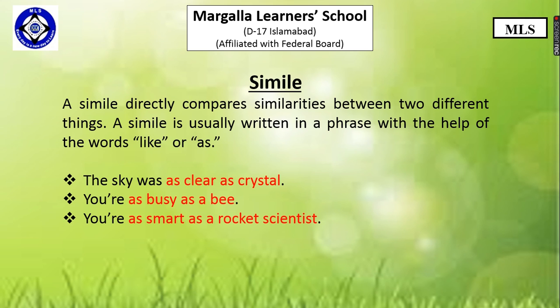Here she is comparing Fatma with the rocket scientist, and she is saying that you are as smart as a rocket scientist. Let us look at the last example, that you are quick like a cat. Here they have used the word like to compare Hadia with cat.